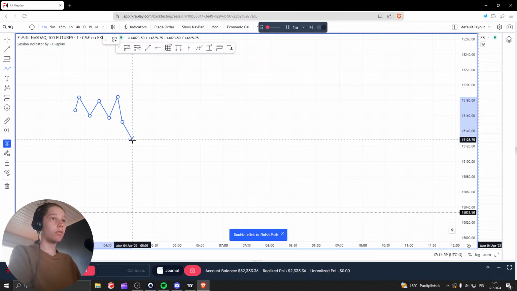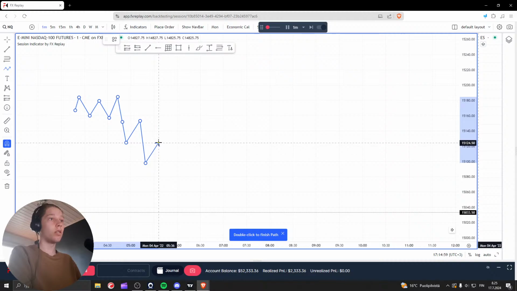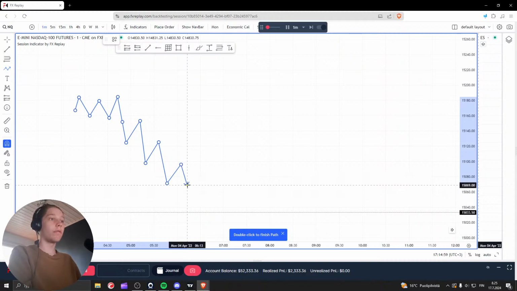Then you start trading down. You displace down, you build more liquidity up here, more displacement down, you build more liquidity. Then this is the point that you call smart money reversal.